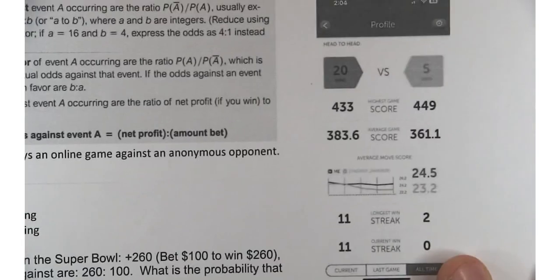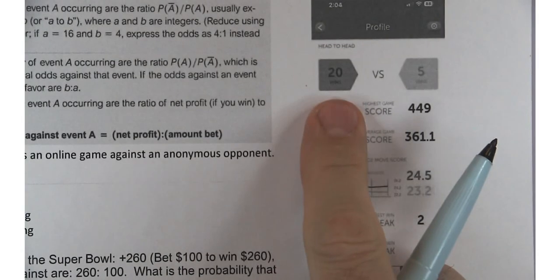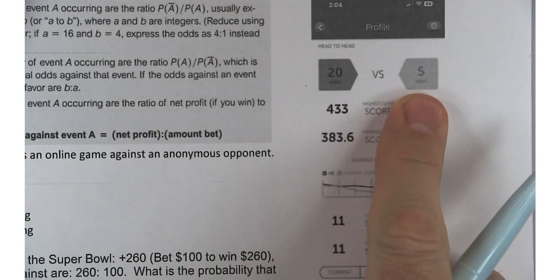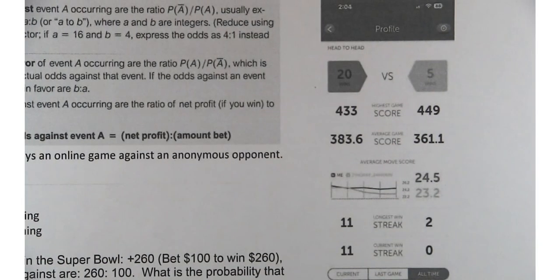An instructor plays a game called Words with Friends, and there's one person I play that doesn't get the message to find somebody else. But let's take a look at this and see if we can come up with some odds for winning. This is odds from my perspective.